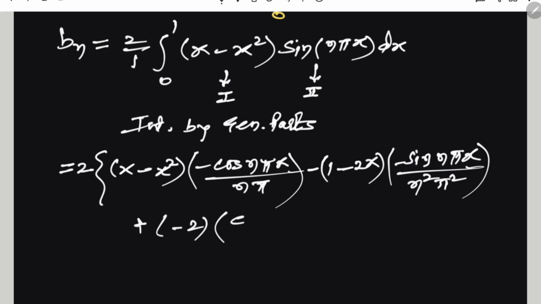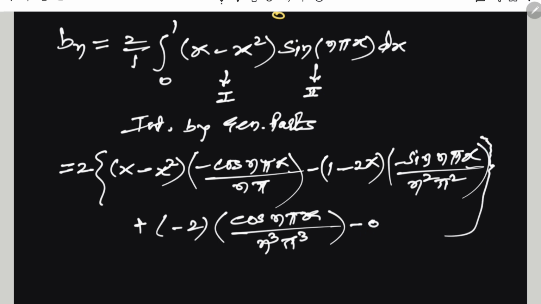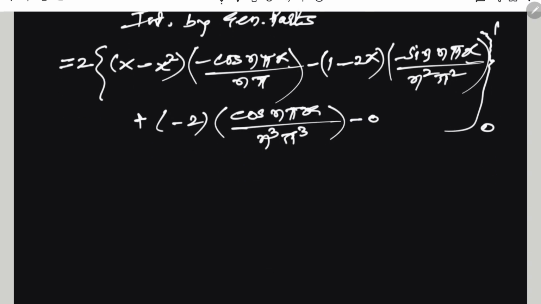Next, plus derivative of minus 2x is minus 2, integration of sine is minus, and that with my previous minus becomes plus cos n pi x by n cube pi cube, limit from 0 to 1.